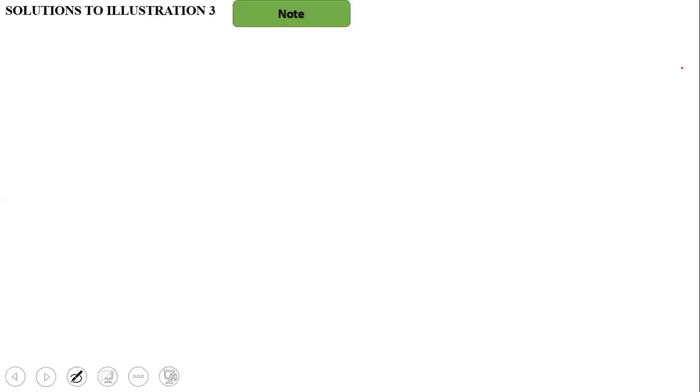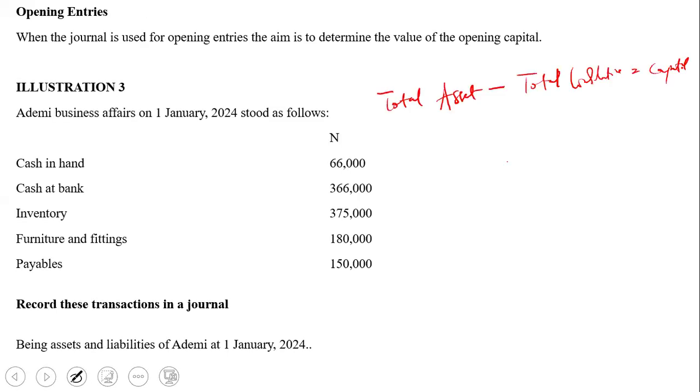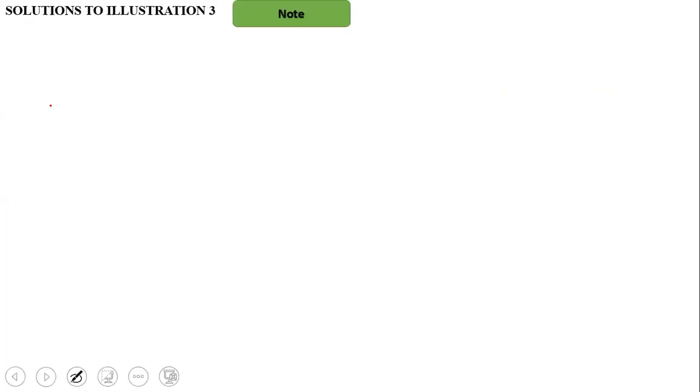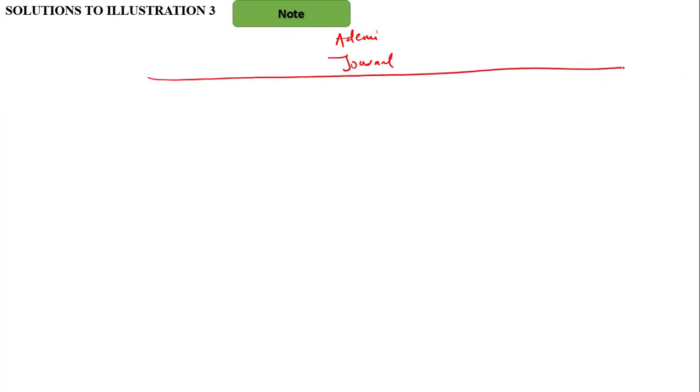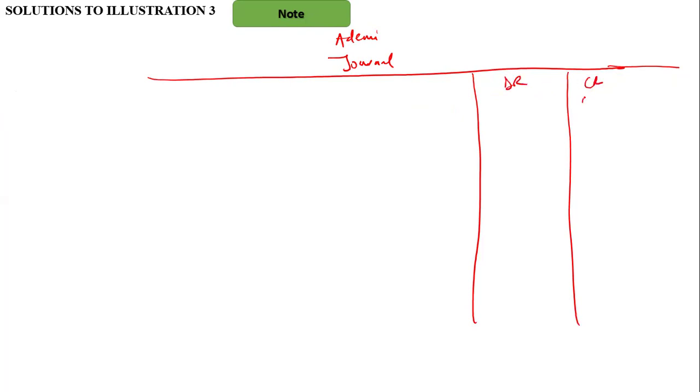If I want to use my journal for that, what do I do? I come here. What's the name of the company? Here we say Ademi. Then we have the journal. In our journal here, the aim is to use it to determine our capital. So we have debit and credit.